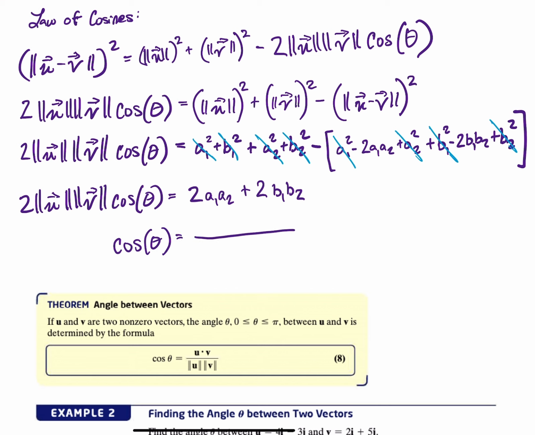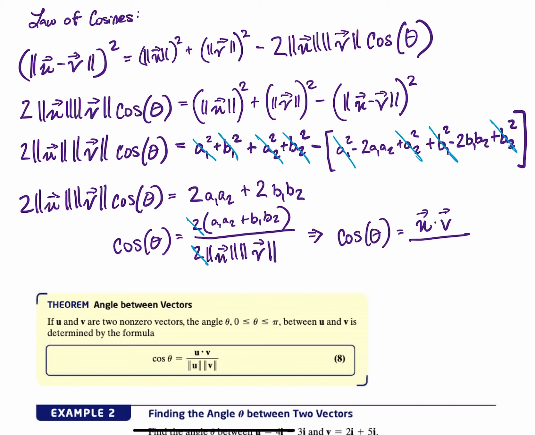So we'll get a fraction. We can factor a 2 out of what will be on the top, since they both have a 2. So 2 times a1a2 plus b1b2. This will be over 2 times the magnitude of u times the magnitude of v. So notice our 2's will cancel, and then a1a2 plus b1b2, that was how we defined the dot product between u and v. So that means we can ultimately say the cosine of theta equals u dot v over magnitude of u times the magnitude of v.